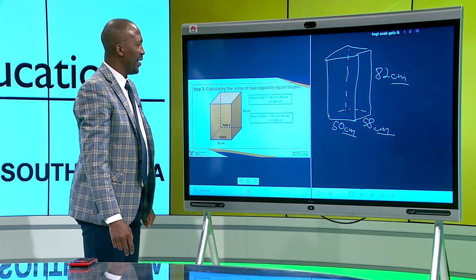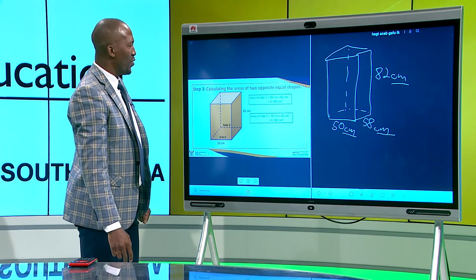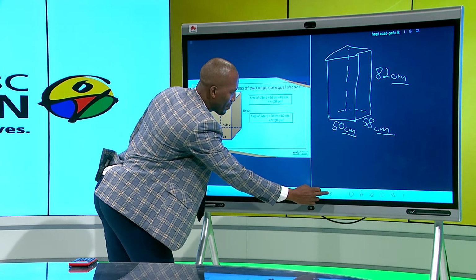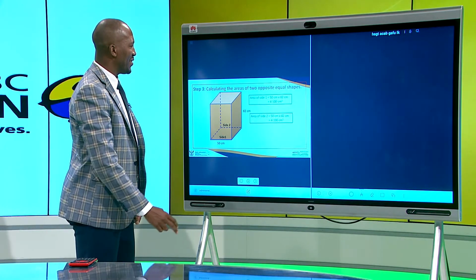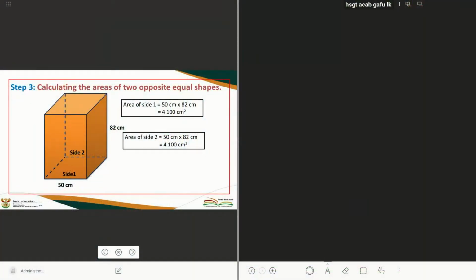Now we calculate the area of one side. When you look at the area of one side, they take the area of side 1 here, the area of the first side. Again, our rectangular prism. So we are having the first side here, side 1.